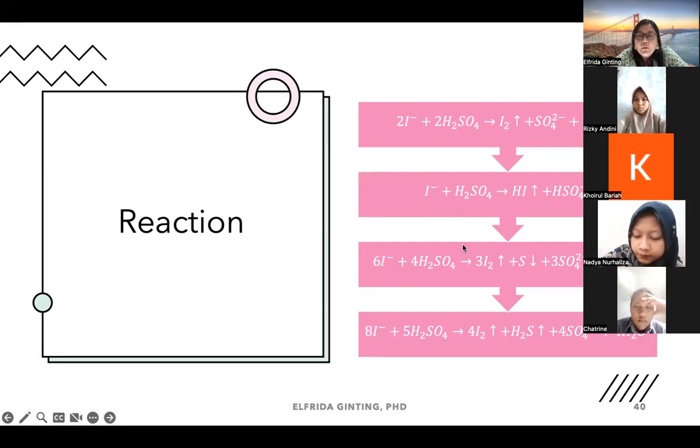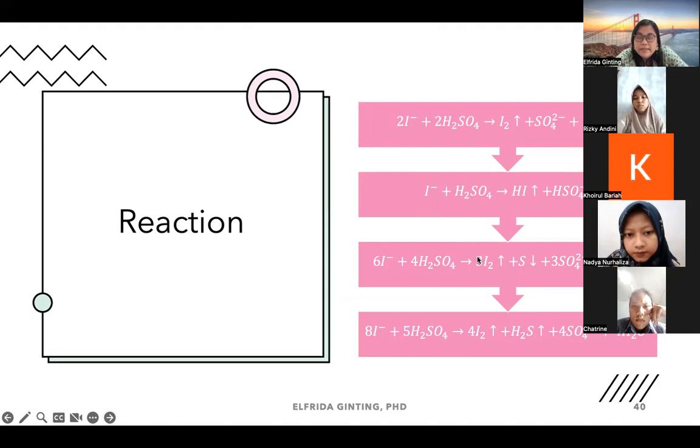Now, the more concentrated the sulfuric acid used in the reaction, you can see here, this is 2, this is 1, and this is 4, more gas is evolved, because for this reaction, only 1 mole of gas is forming.